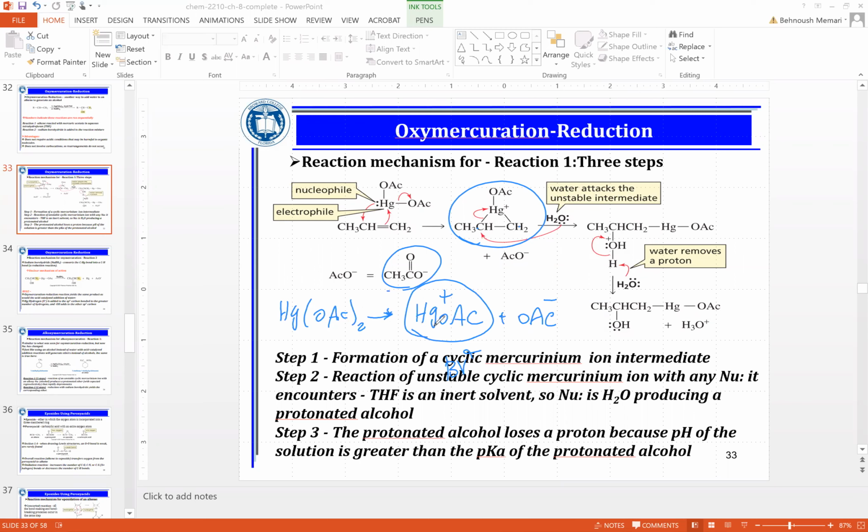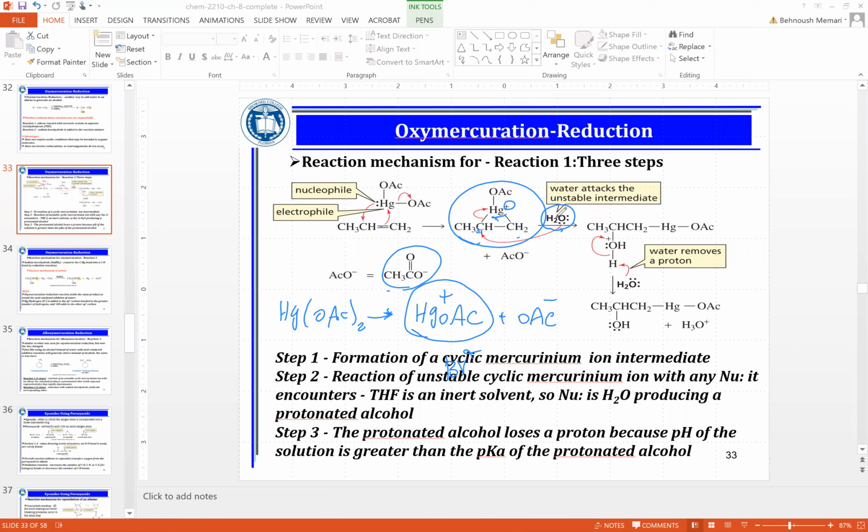This part acts as an electrophile, reacts with the carbon double bond, and it would give you this triangle. As soon as you see a triangle, what does it tell you? That addition is going to be anti-addition. So it's bringing plus charge into the triangle, then H2O comes in, and H2O is going to attach to the more substituted carbon. So that would be the second carbon.